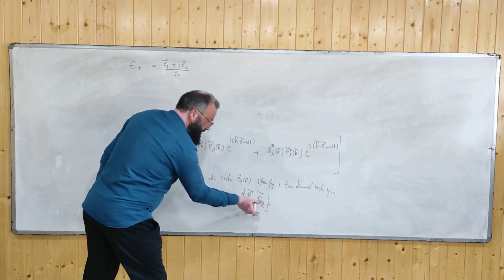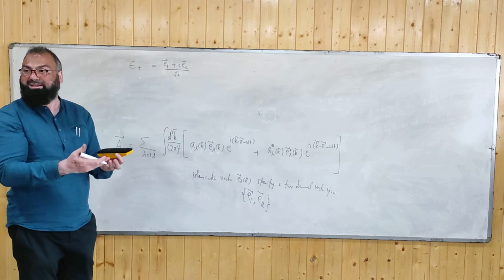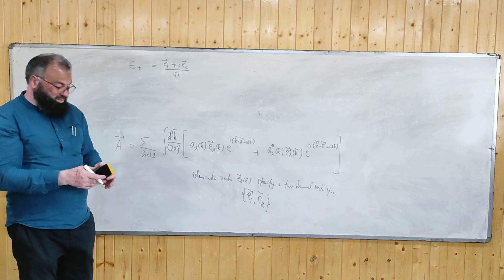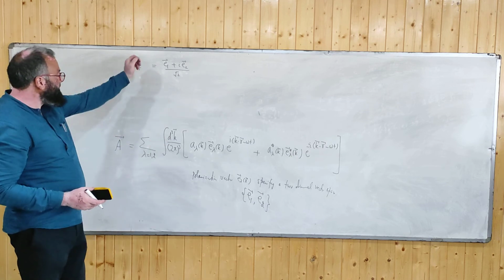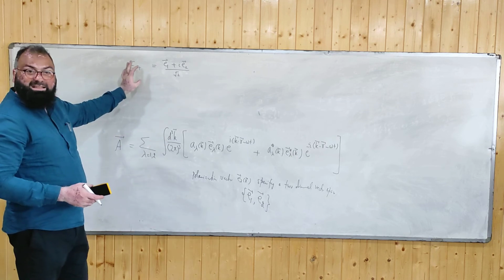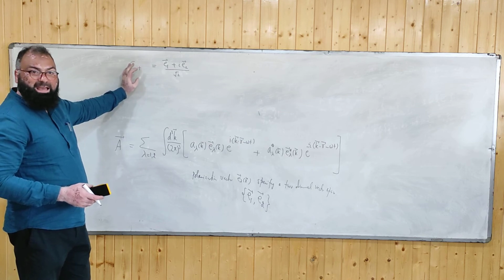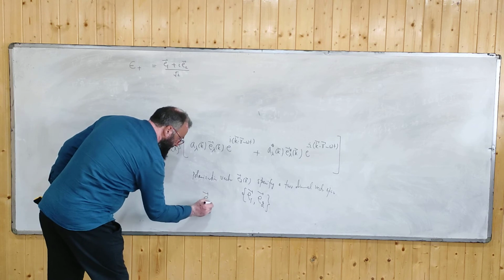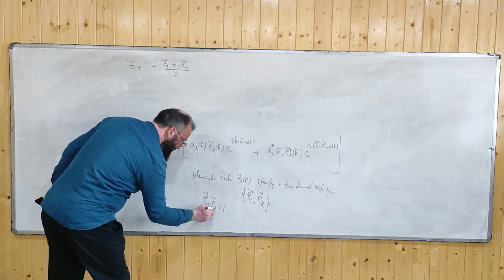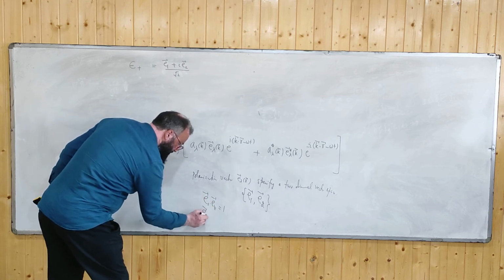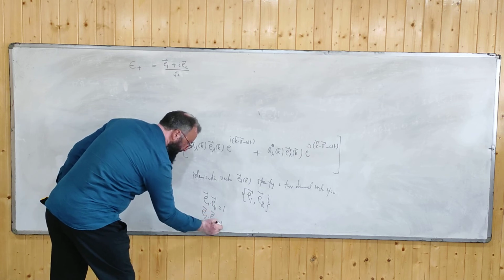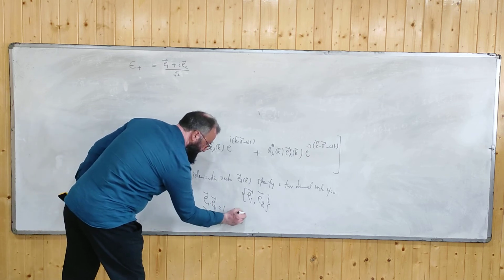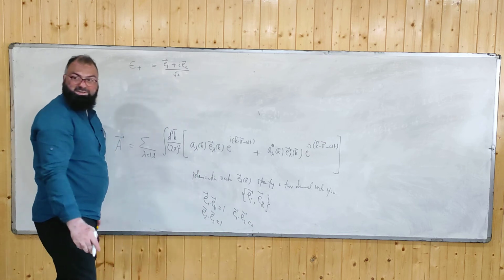Out of this basis, I can construct a new basis, epsilon. What is the condition on E1 and E2? E1 dot E1 is equal to 1, E2 dot E2 is equal to 1, and they are orthogonal to each other, so E1 dot E2 is equal to 0.